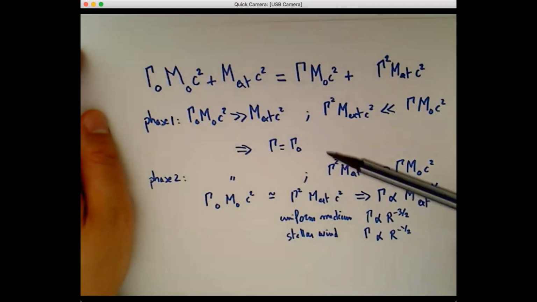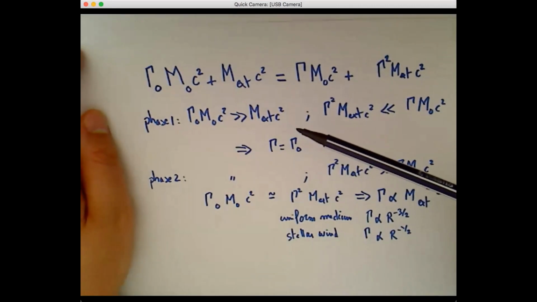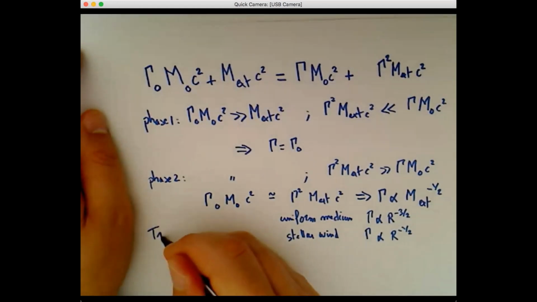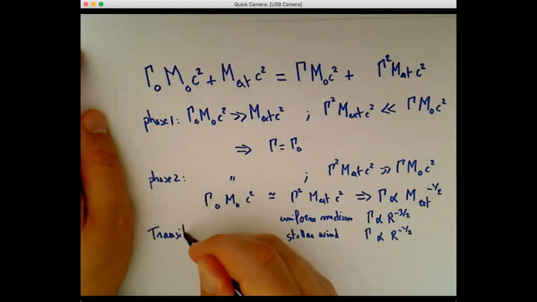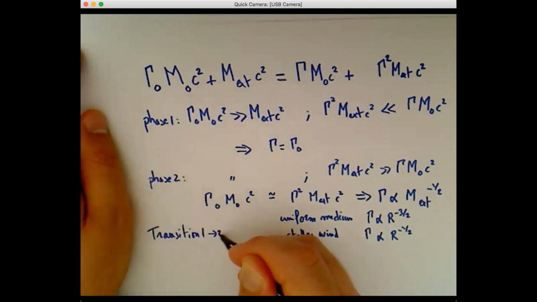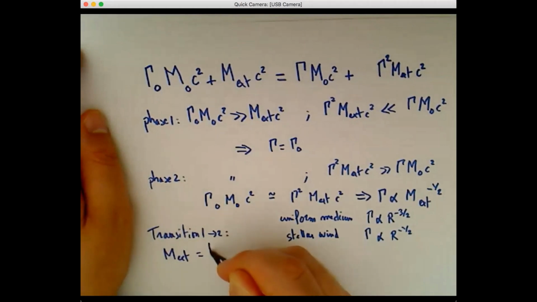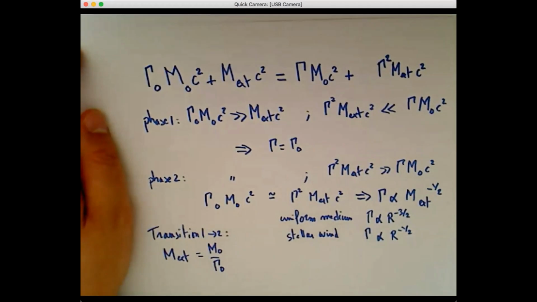So when is the transition between these two phases? This is when these two terms are equal, and then it's easy to show that the transition is for a swept up mass which is equal to the mass of the ejecta divided by its Lorentz factor.